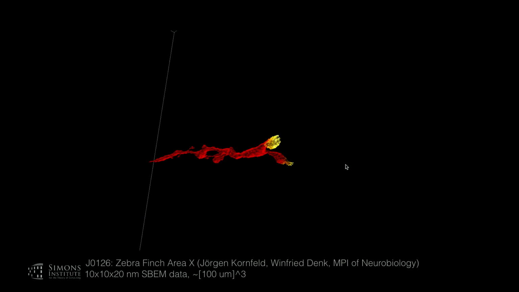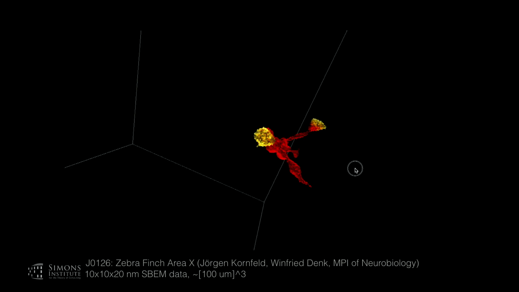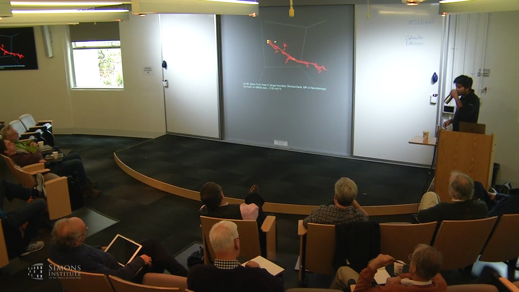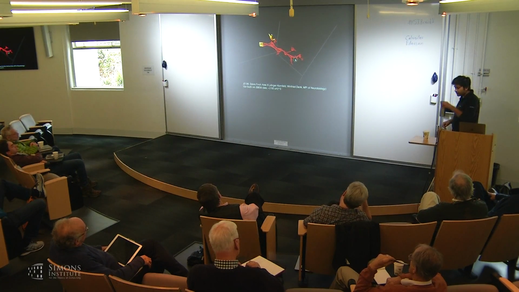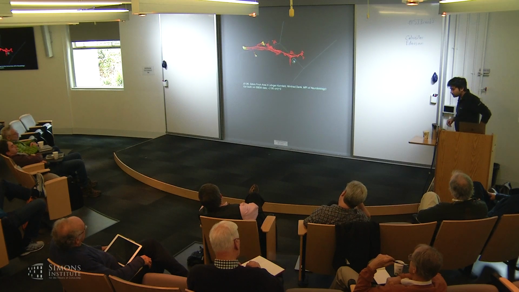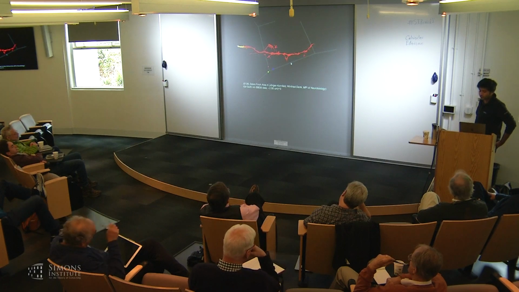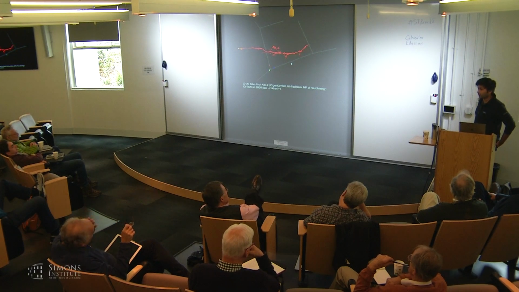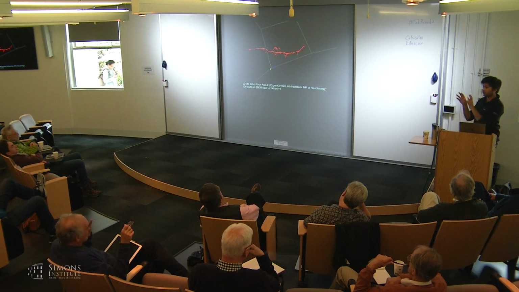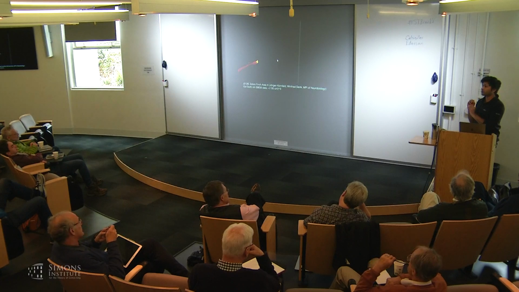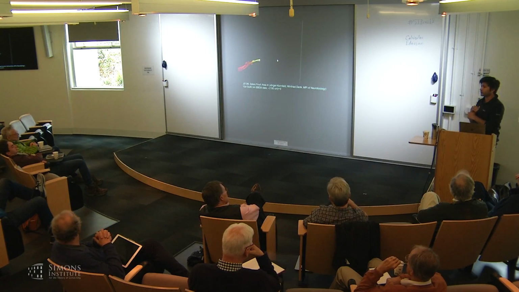Wait, sorry. I'm not sure I understand the distinction. So you're saying instead of just contour tracing, you're filling. Is that the difference? In one case, you're drawing a contour, slice by slice, and then you're matching contours that match for one object. In the previous approach, the fundamental concept was something called a boundary map. You infer a grayscale value for every pixel that labels its probability of being either a boundary or an interior.